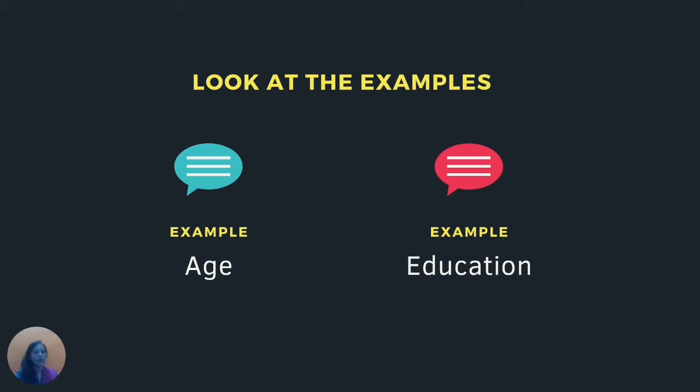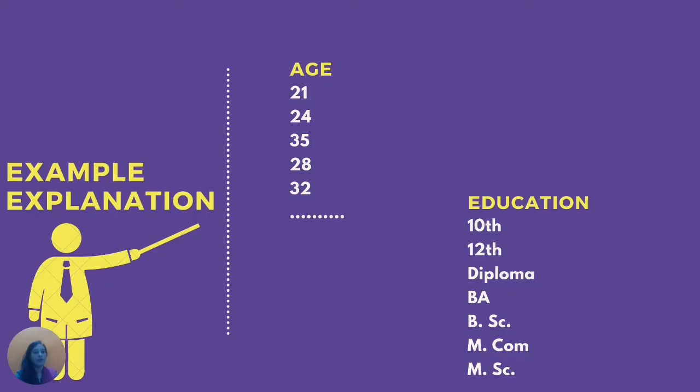Now, according to the objectives and the hypothesis of our study, if we don't want the loose observations, then we can transform them into some other variable. So for example, suppose we have collected age as 21, 24, 35, 28, 32 and so on. Similarly, education we have collected as 10th, 12th, diploma, BA, BSc, BCom, MCom, MSc, etc. These are the different responses we have collected for these two variables.